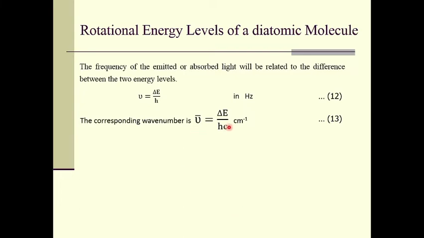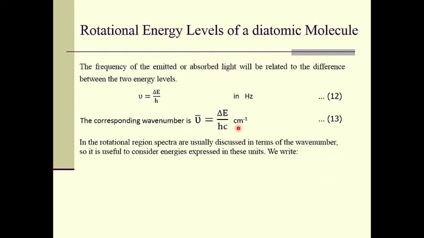So we have just divided by c, so we get the wave number in per centimeter units, and in spectral notation we generally use the wave number format. So in the rotational region, spectra are usually discussed in terms of wave number, so it is useful to consider energies expressed in these units.